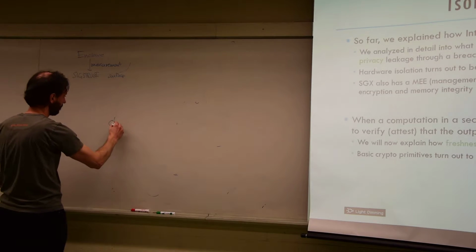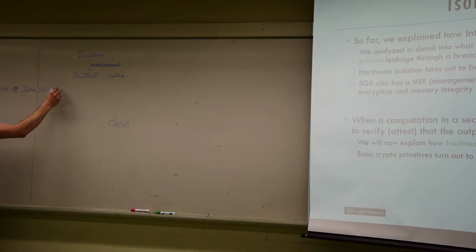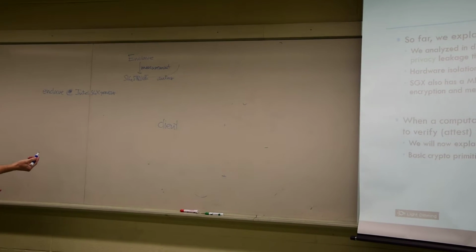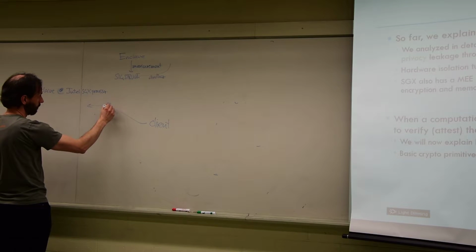So here we have a client, and the client says, I want to start communication with you. Here we have effectively the enclave, which is at some Intel SGX processor, and the client sends, for example, a public key over.